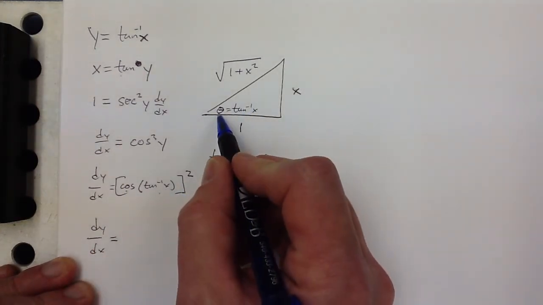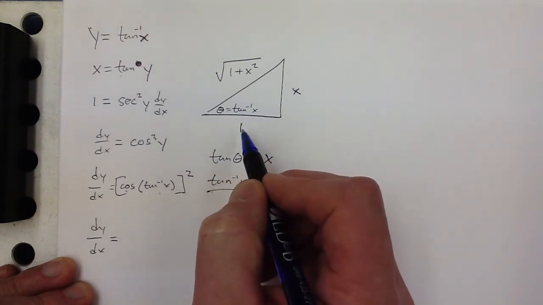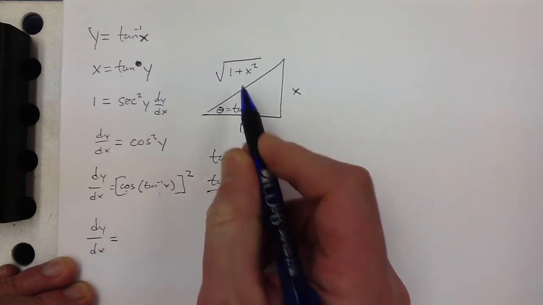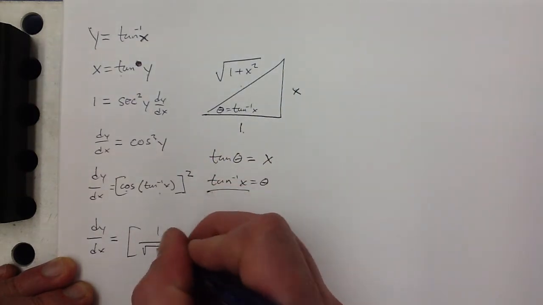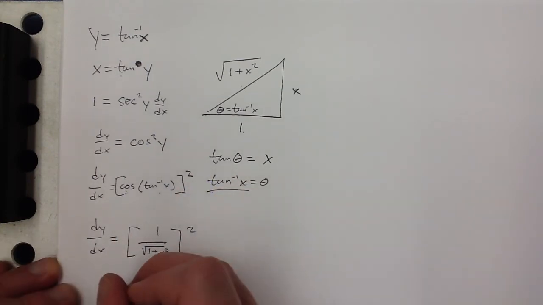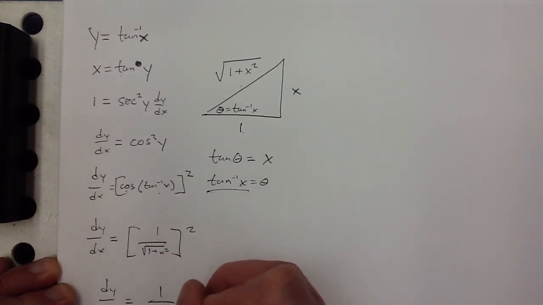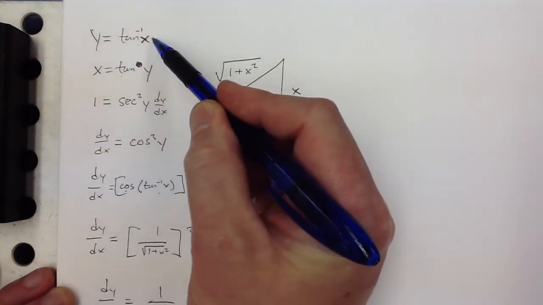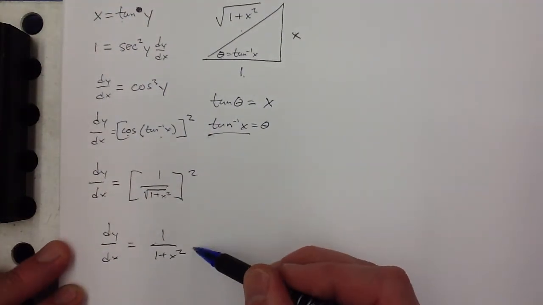Cosine would be equal to adjacent over hypotenuse, and that'd be 1 over the square root of 1 plus x squared, but we want cosine squared, so dy dx is equal to 1 over 1 plus x squared. So here's the tangent inverse function, and here's its derivative.